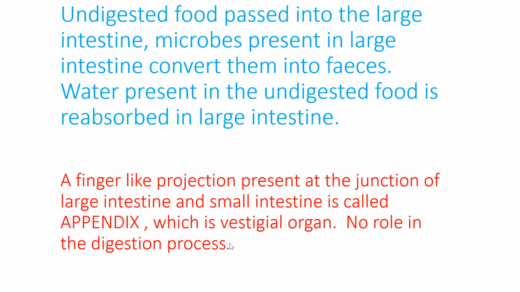A finger-like projection present at the junction of the large intestine and small intestine is called the appendix. It has no role in the digestion process, hence it is called a vestigial organ. The feces formed in the large intestine travel through the rectum and are sent out through the anus. This process is called defecation.